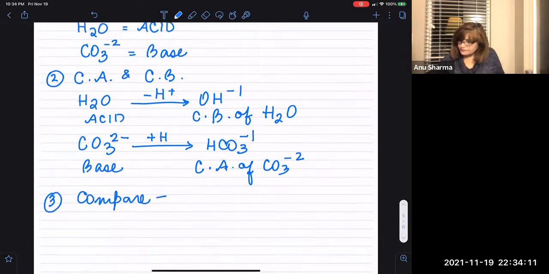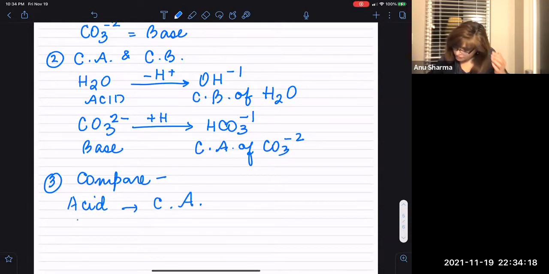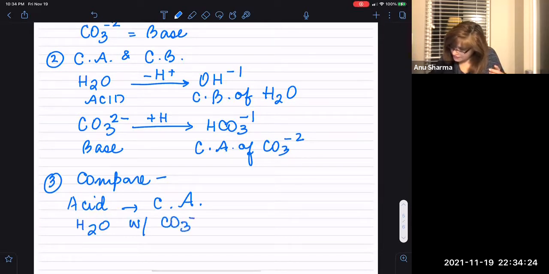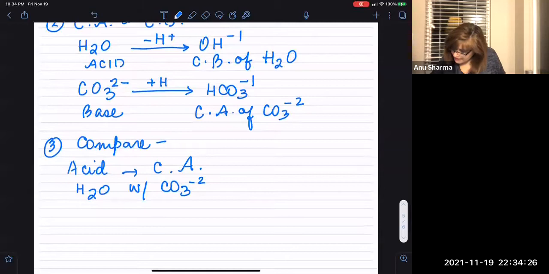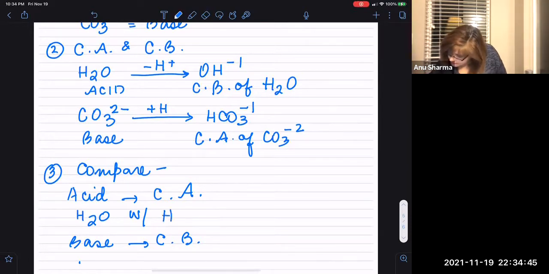Compare the acid to the conjugate acid, so water to HCO3 minus 1.